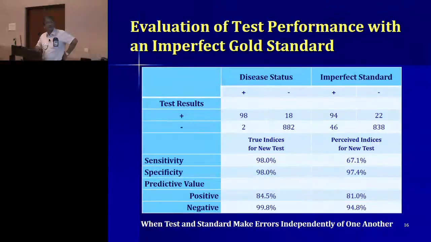And then what happens to sensitivity and specificity? Sensitivity is 98% here, 67% here. Specificity is 98% here, 97.4% here. Predictive values are more or less the same, but there's some difference. So when the test and standard make errors independently of one another, the sensitivity and all can be very different from what it actually is.